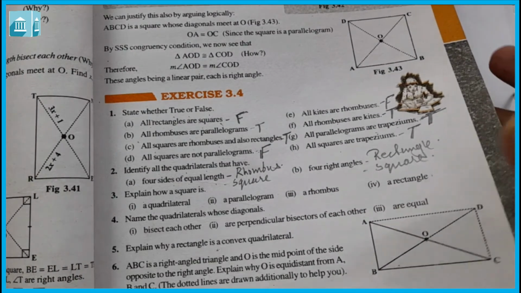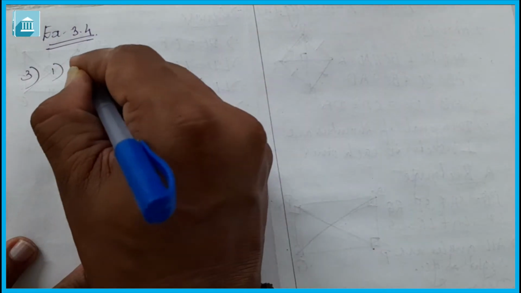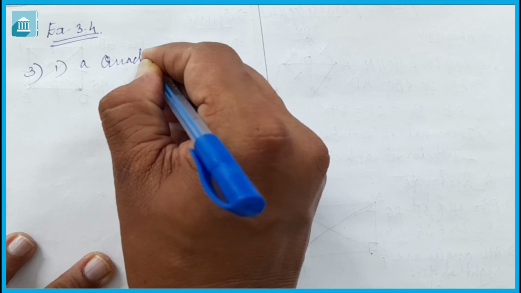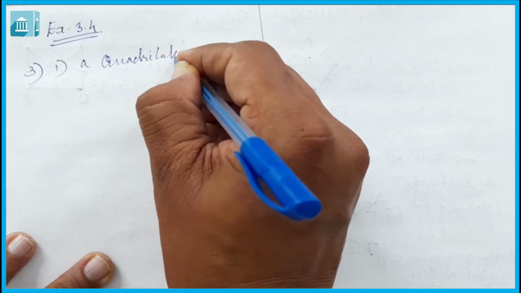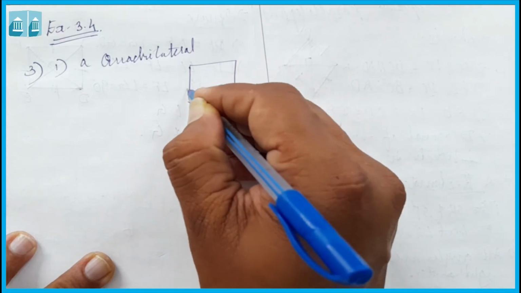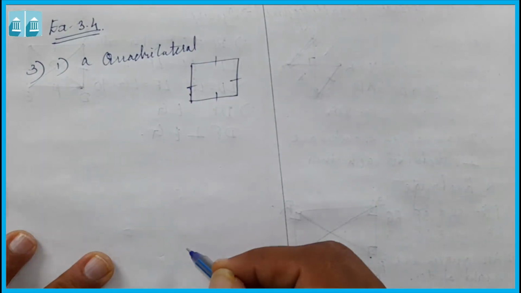Now question number 3, in question number 3 it is given to explain how a square is a quadrilateral. First is a quadrilateral. So if we draw the square here, it is a closed figure with 4 sides.